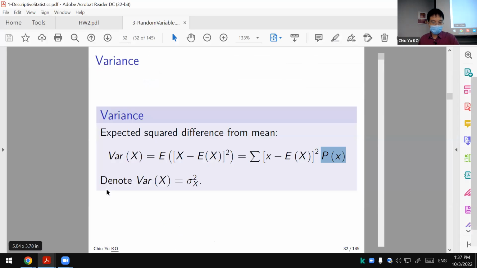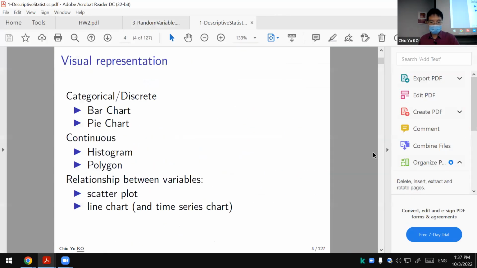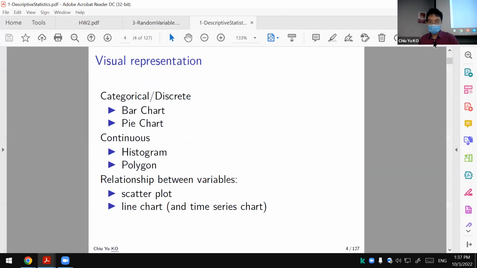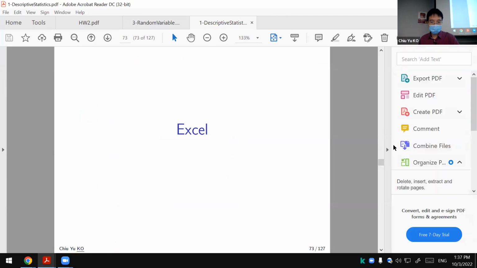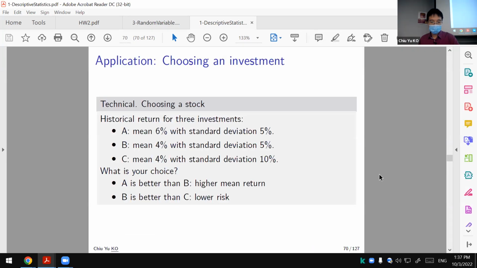If you look at, remember the very last slide? Remember this one? I talked about mean and standard deviation. This is the historical return and the standard deviation or the variance. And why can the historical thing help us make decisions? Because you believe that the future will look like the history.